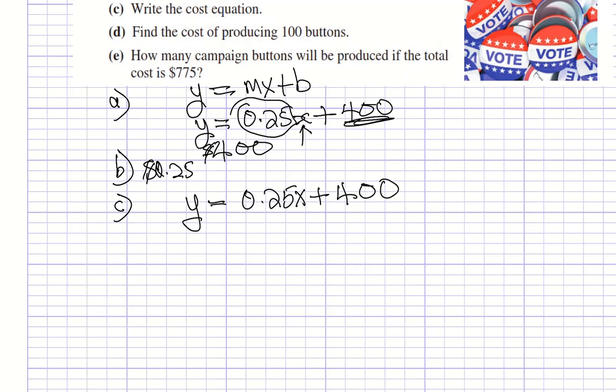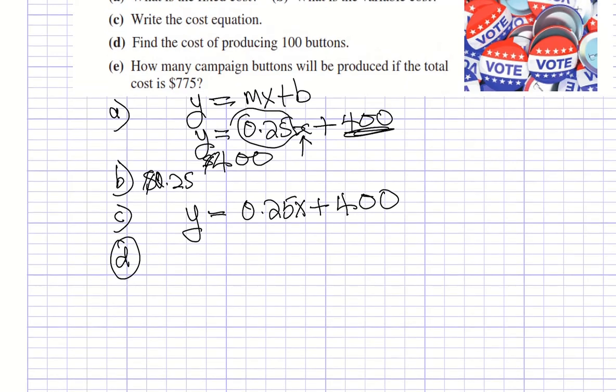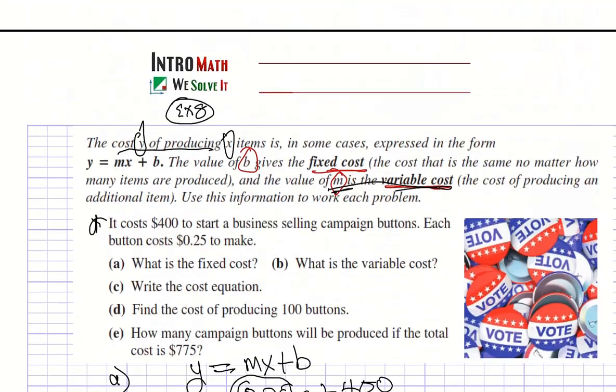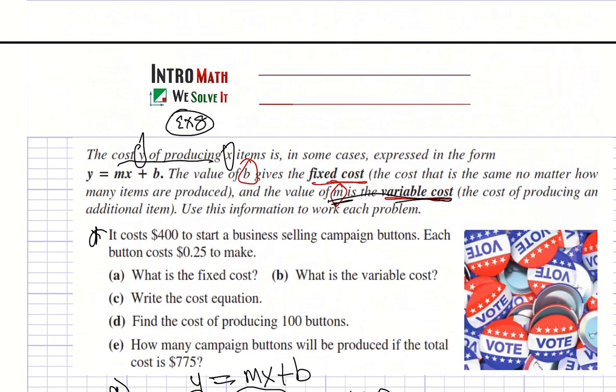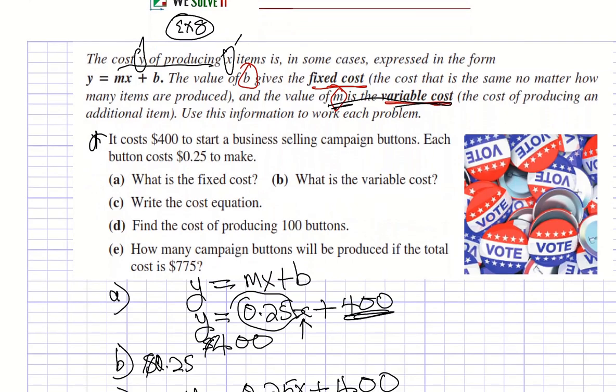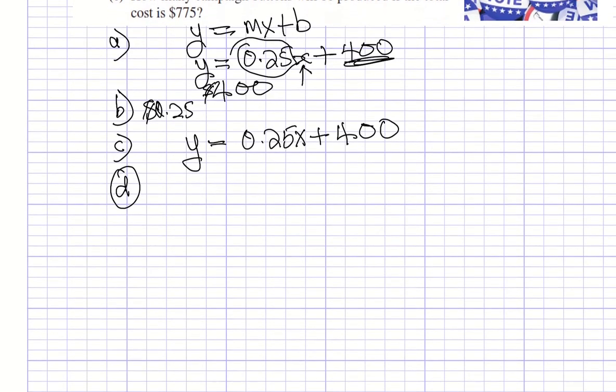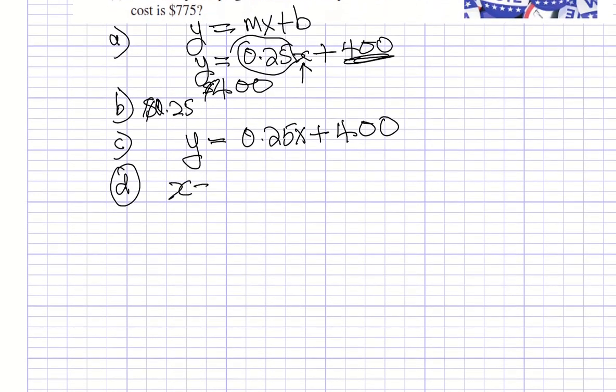So let's do D. It said find the cost of producing 100 buttons. X represents the items. So if x is equal to 100, what is the cost, which is y?